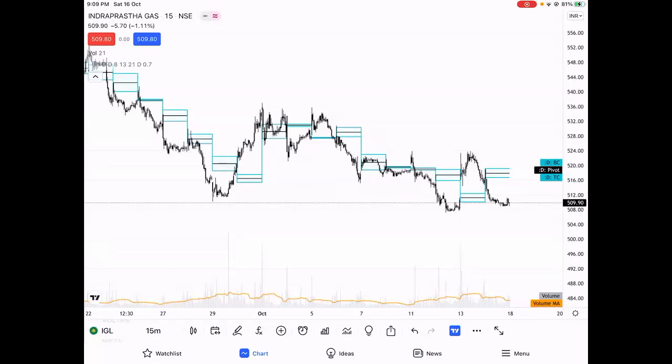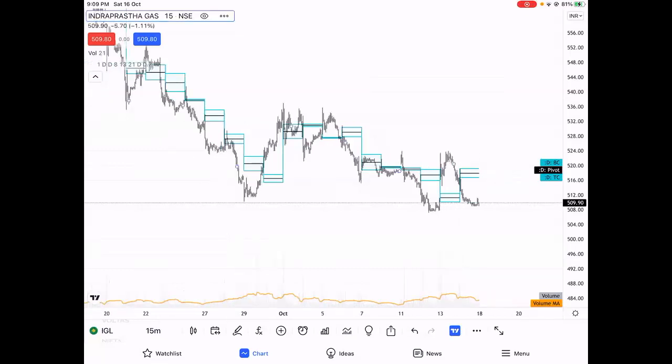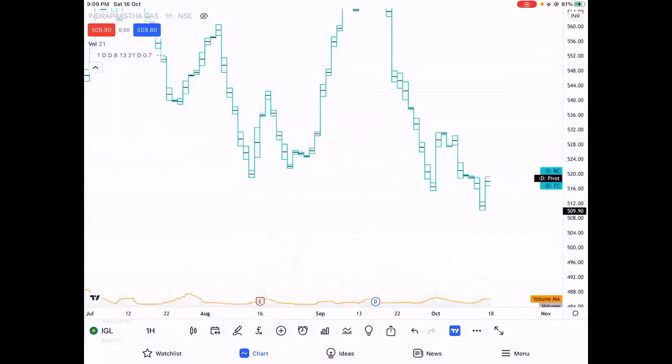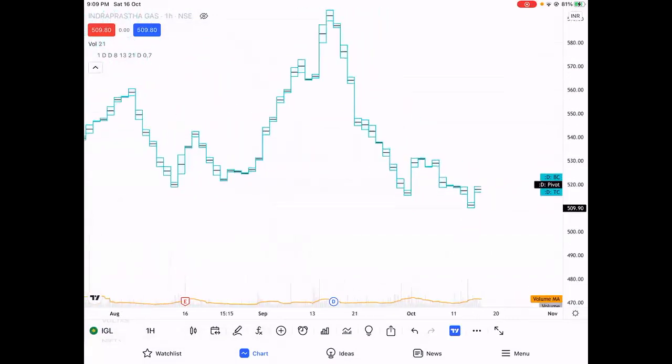So technically this works best if you have to enter a reversal trade, or a swing reversal or positional reversal trade. So check this out very carefully. Let's switch off the candles here. And let me switch to 1 hour, because we are talking about positional or swing trades.